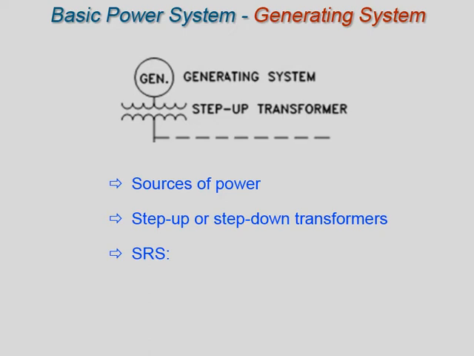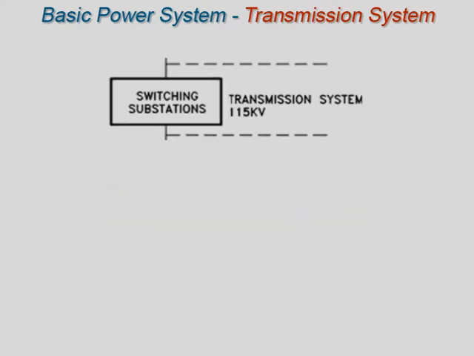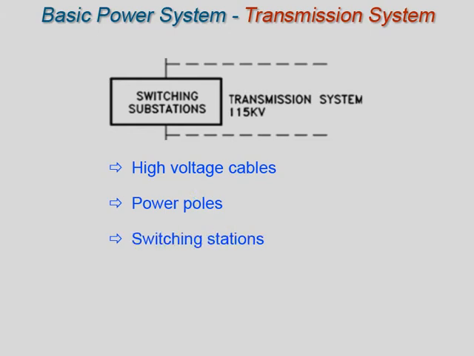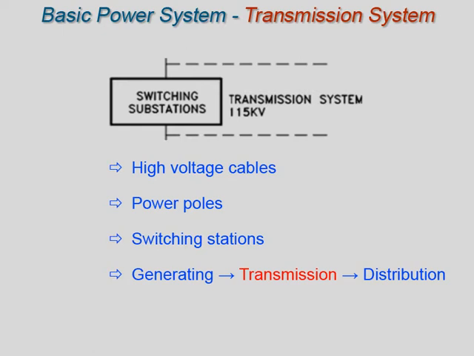At SRS, the generating system is part of the commercial purchased power system and on-site generation facilities. The transmission system includes high-voltage cables, power poles, and switching stations which connect the generating system to the distribution system. The transmission grid extends across the site. The SRS transmission voltage is 115 kilovolts.